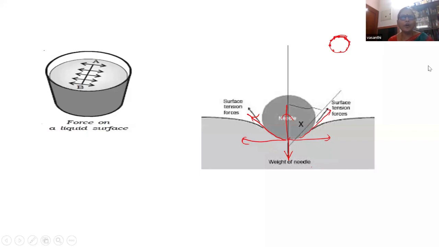In order to make the water flow, some force greater than the surface tension force should act. The weight of the insect is so small that it can manage the weight. It can defy the weight. The component of the surface tension force will balance the weight.